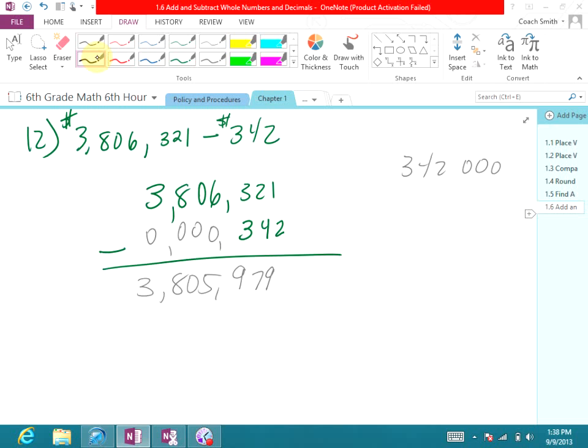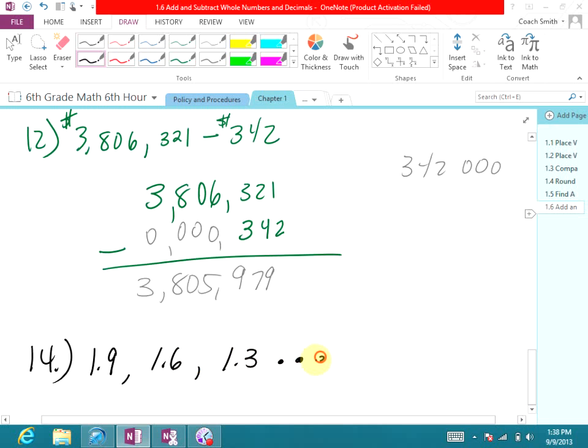All right, I want to look at number 14. 14, it's talking about patterns. We haven't really discussed patterns, but realistically, once you see these, I think you'll be able to. Okay, copy that down. 14 says 1.9, 1.6, 1.3.